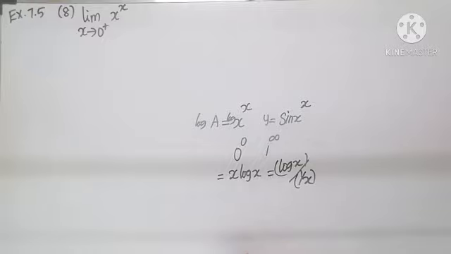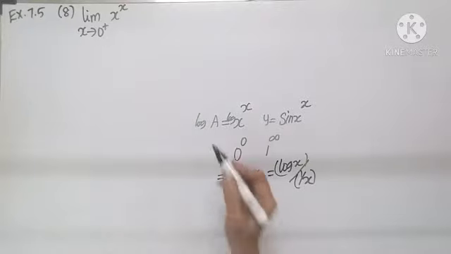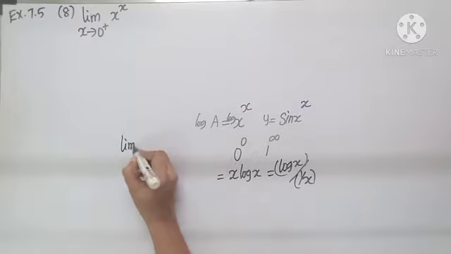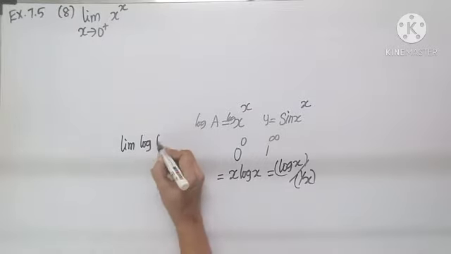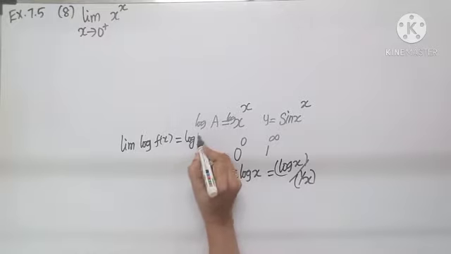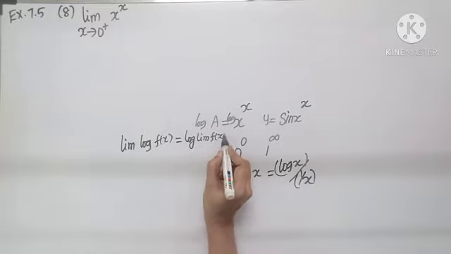The question is, when you apply the limit, it is logarithm. What should we do? Here we are using the composite function rule, which tells us log of limit of some function or limit of log, both are one and the same.